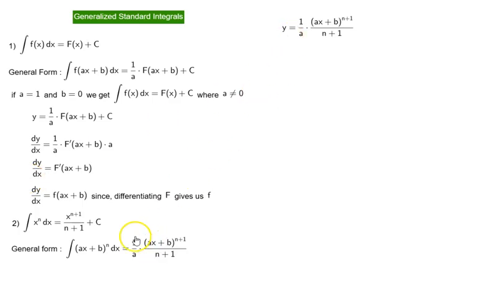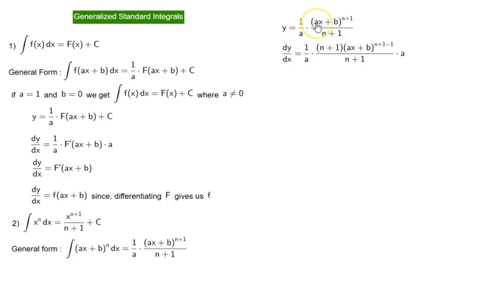We start with y equal to the right hand side and we differentiate. dy by dx equals 1 by a constant times differentiating the numerator gives us n plus 1 times ax plus b to the power of n plus 1 minus 1. And the denominator is a constant n plus 1, so we'll leave it as it is.